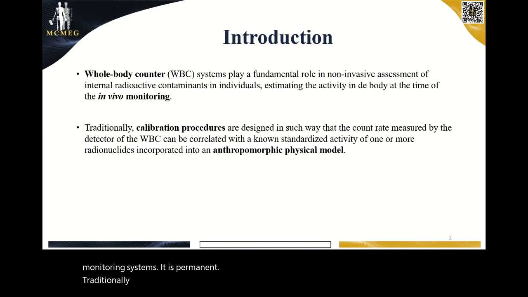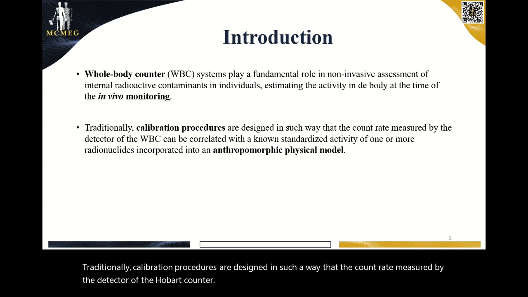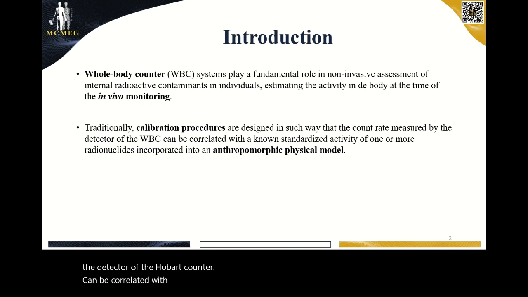Traditionally, calibration procedures are designed in such a way that the count rate measured by the detector of the whole body counter can be correlated with a known activity of one or more radionuclides incorporated into an anthropomorphic physical phantom.